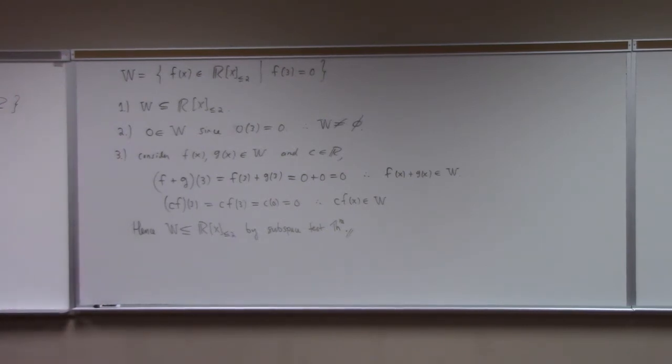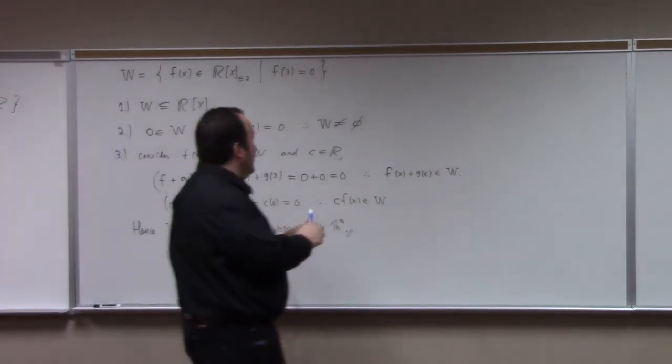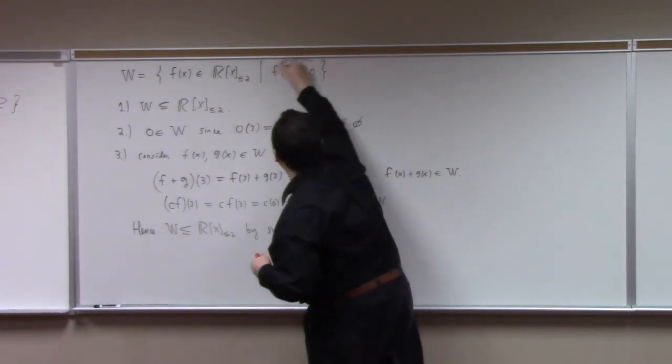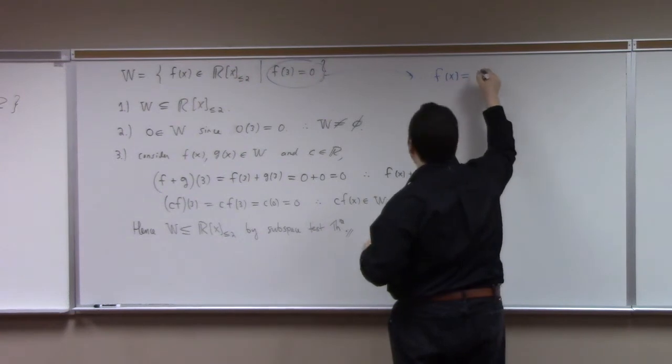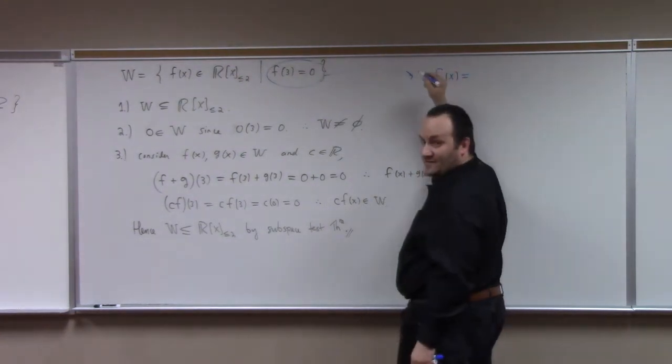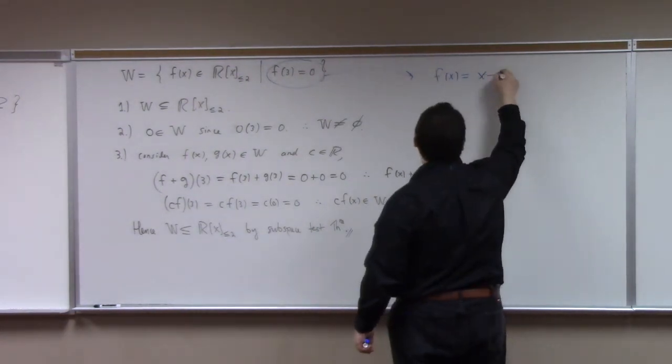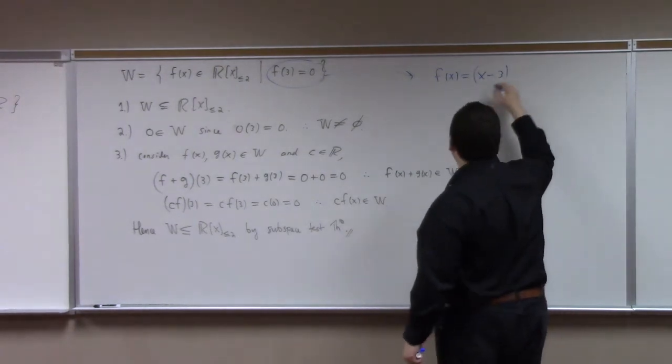Not really linear algebra, just basic pre-calculus stuff. What does it mean if we have a polynomial and we have this? What does that say about f of x? How about factor theorem? That says that that's equal to x minus 3 times g of x.